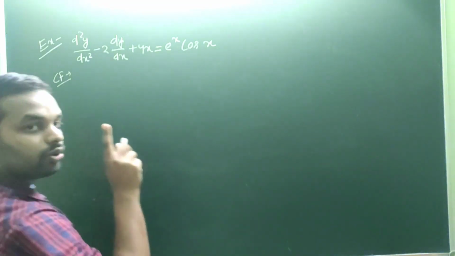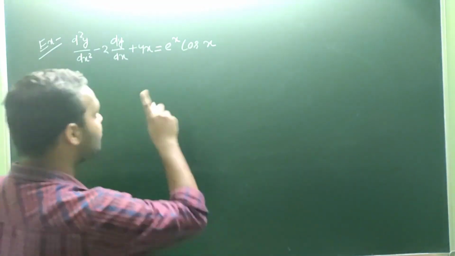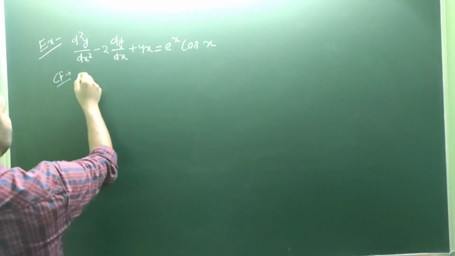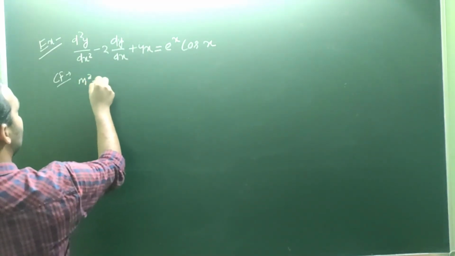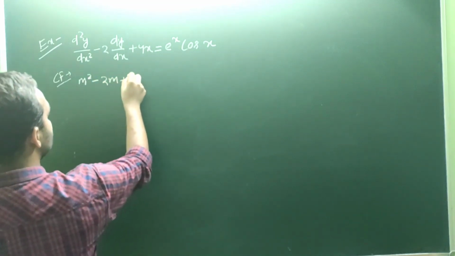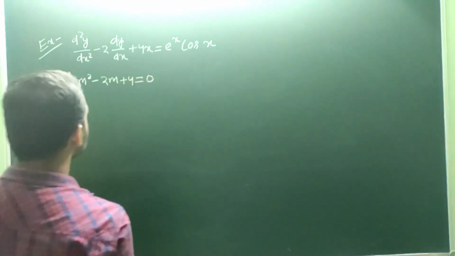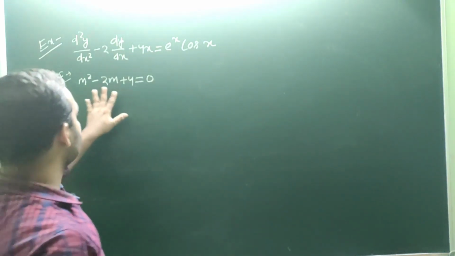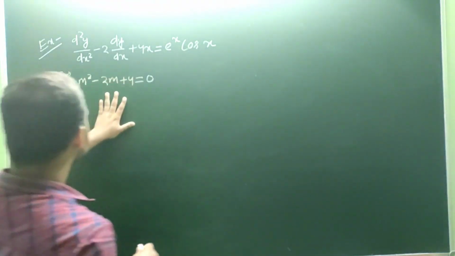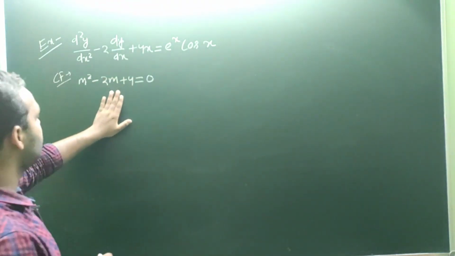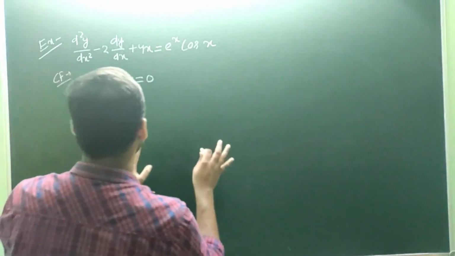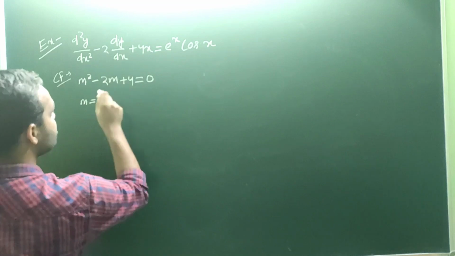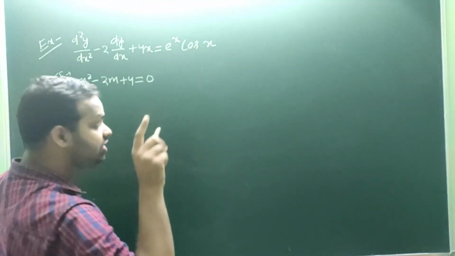Don't forget to find the complementary function because that is also part of the solution. So for that you have to take this term as 0 and write down m square minus 2m plus 4 is equal to 0. So simply use this method: m is equal to minus b plus or minus square root of b square minus 4ac, by 2a.